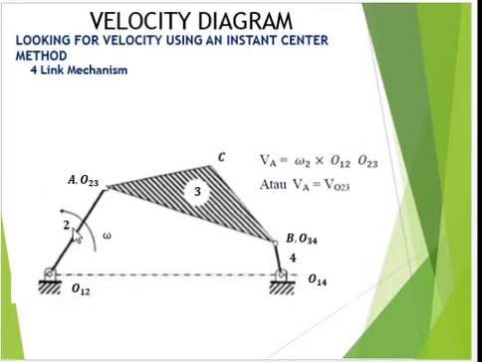The known angular velocity is omega 2 of link 2, and the angular velocity to be found is omega 3, which relates to link 3.